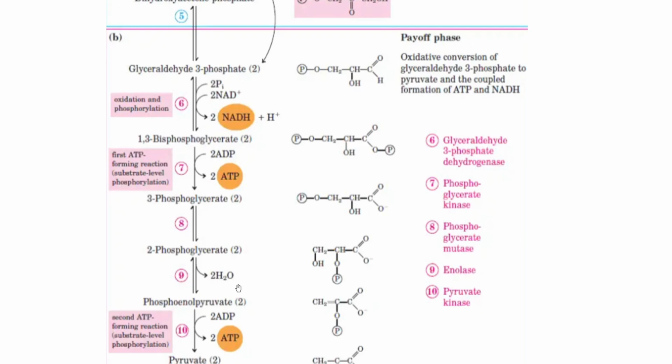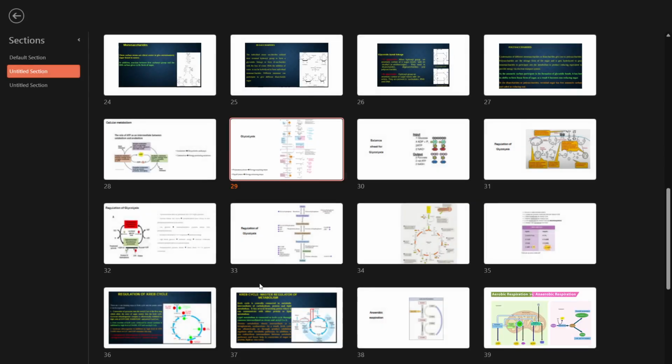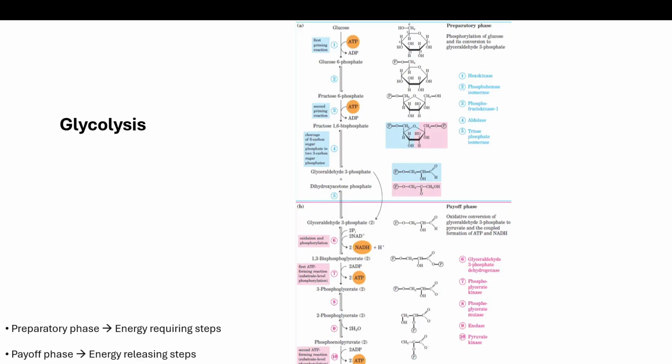All these are 3 carbon moieties. So the number 2 in the brackets shows 2 molecules each of all these 3 carbon moieties. So this is the glycolytic pathway.